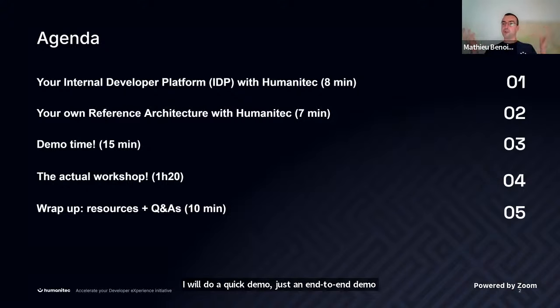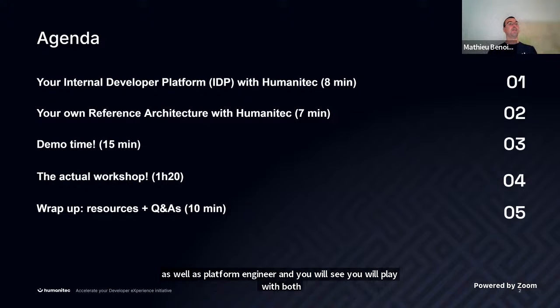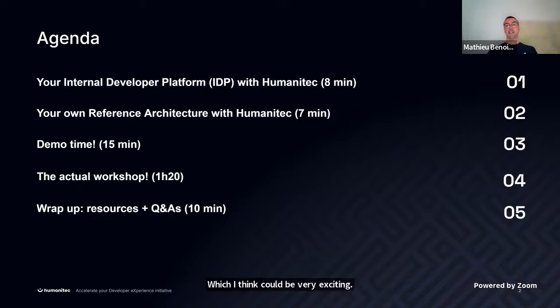Throughout the workshop, you will play both personas, developer and platform engineer, which is exciting for seeing the concept and the collaboration. Then we will have time for the actual workshop, where I will walk through the steps. You could just watch and listen, or participate in some regard. That's the purpose and content of this packed agenda.